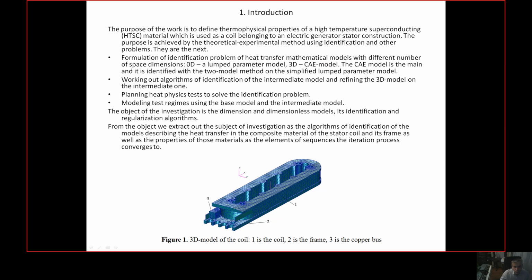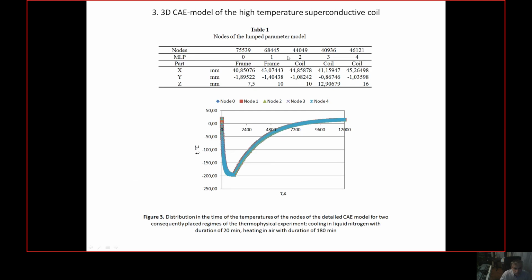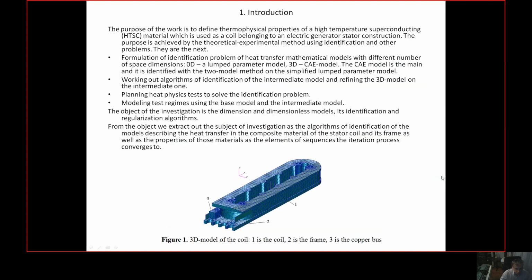The coordinates of the nodes corresponding to those of the intermediate lumped parameter model are shown in table 1. The upper and lower surfaces of the frame, upper and lower surfaces, have the normal in the direction Z.